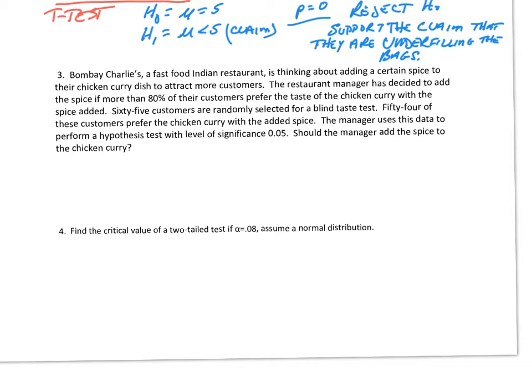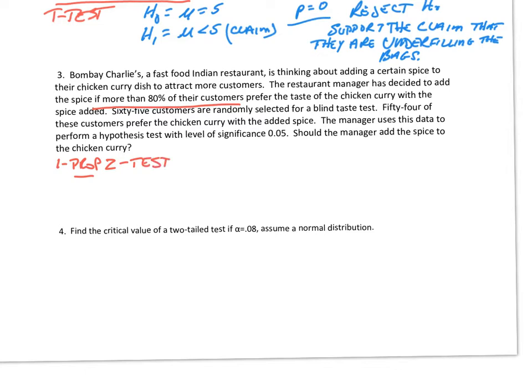So he's decided to add the spice if more than 80% of the customers like it. Since we're talking about percentages, as soon as I see that, it's not an average, it's a proportion. Proportion is one prop z-test.